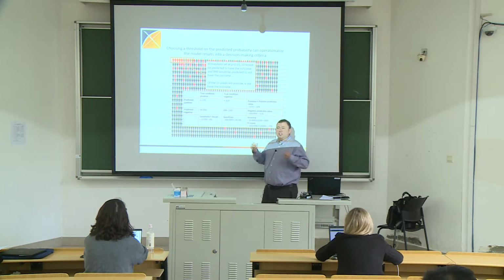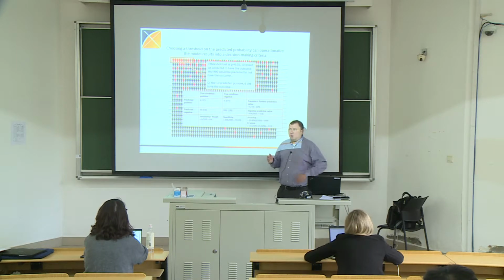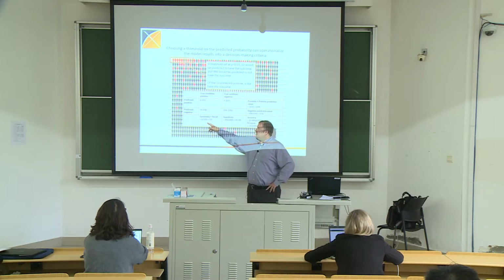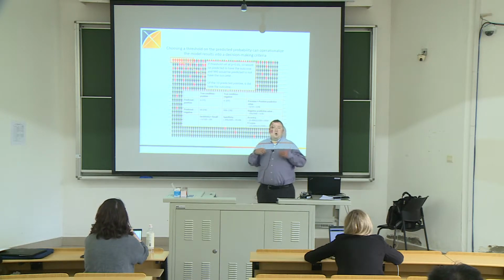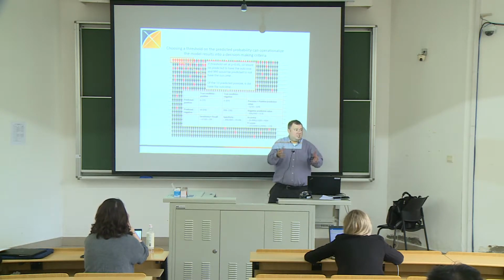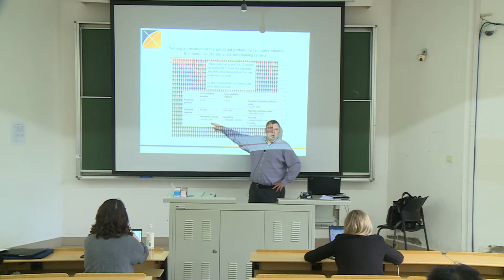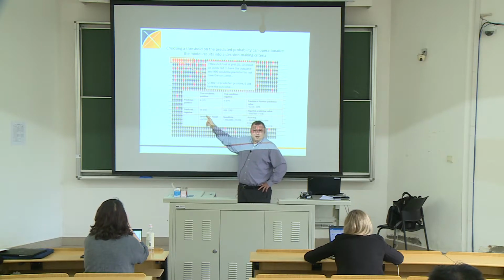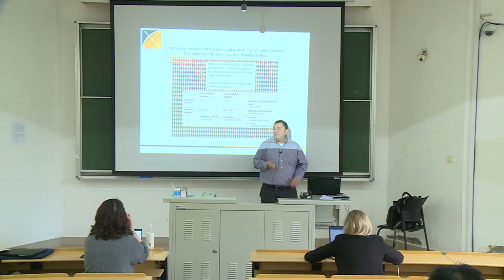Other numbers that you will see when we talk about performance of models is sensitivity. So sensitivity is the proportion of people with the disease that you actually find. So here, there were 100 people that actually had the disease. We only identified 6 of them, so that's a 6% sensitivity.